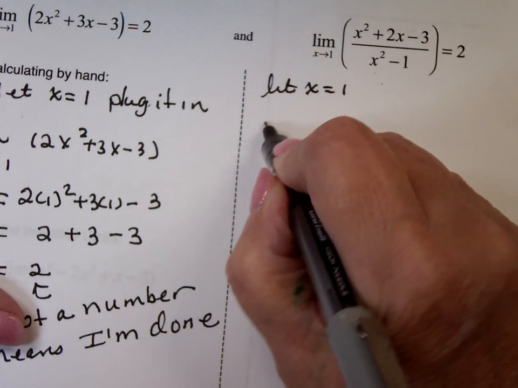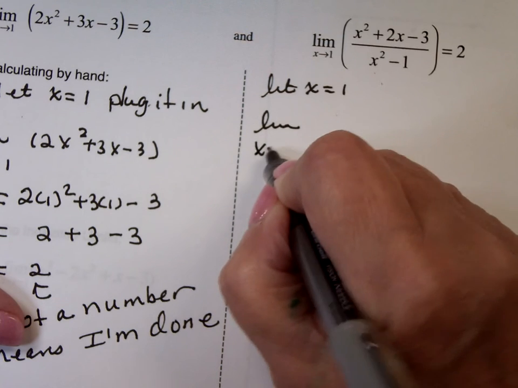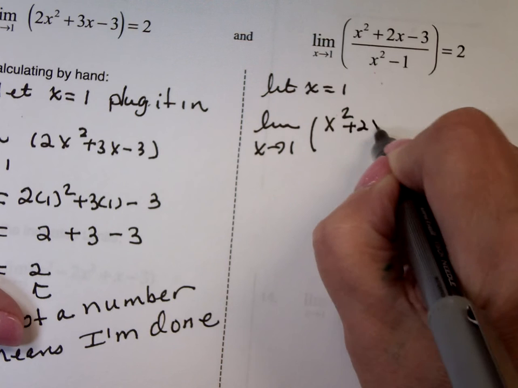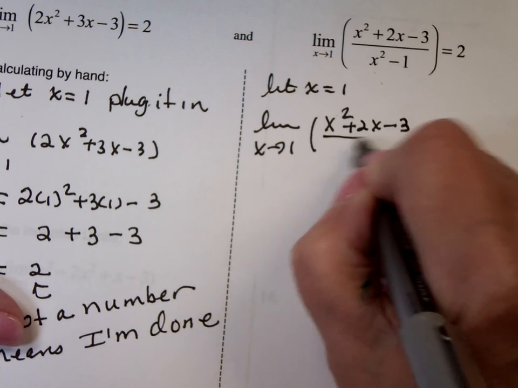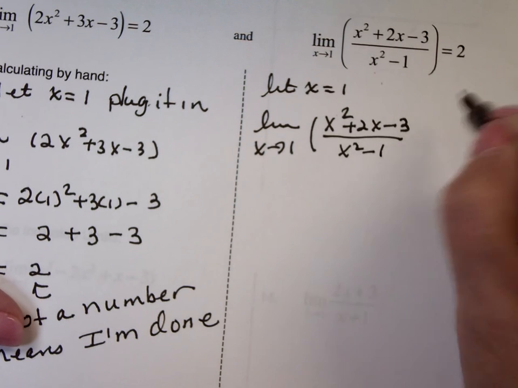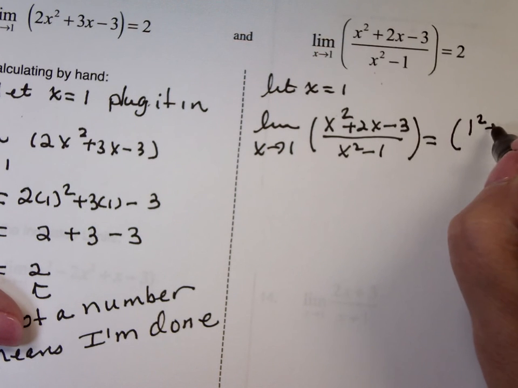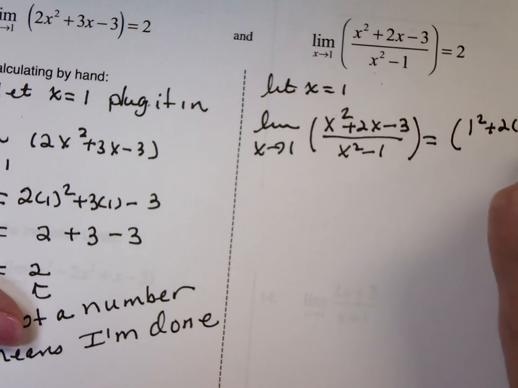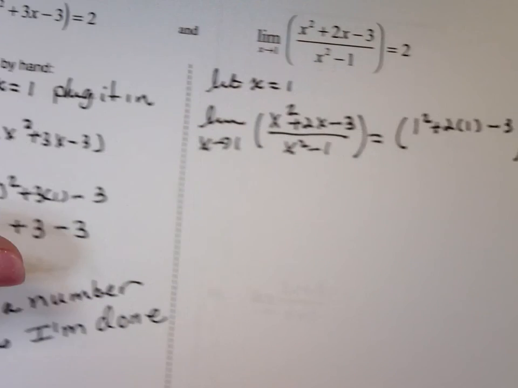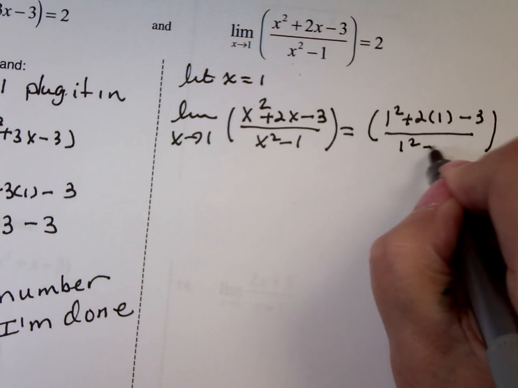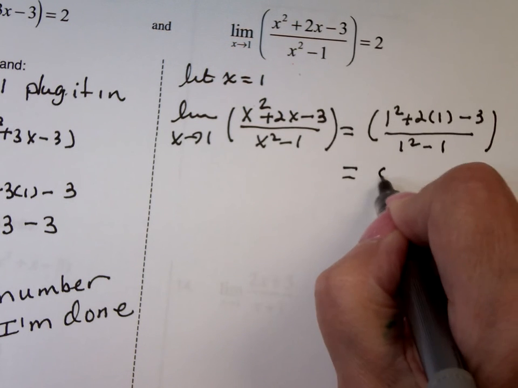So the limit as x approaches 1 of x squared plus 2x minus 3 over x squared minus 1 is 1 squared plus 2 times 1 minus 3 over 1 squared minus 1, which is 0 over 0.